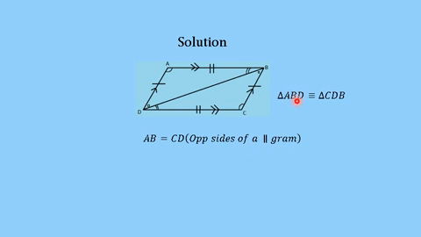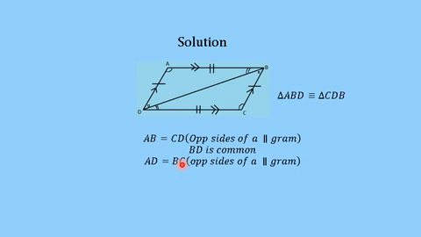Okay, now let's come to BD and DB. BD and DB, it's common, so BD is common. Now let's come to AD and CB. AD and CB, these are the opposite sides of a parallelogram.